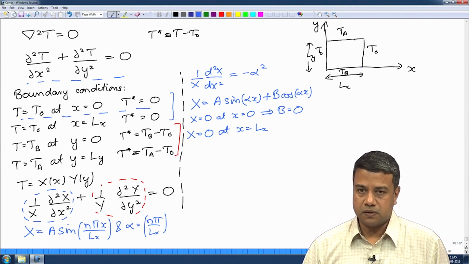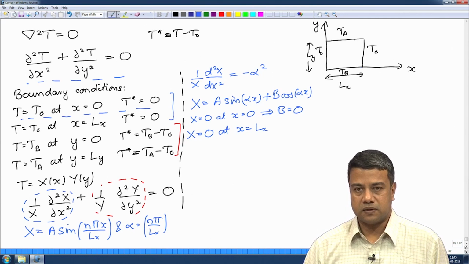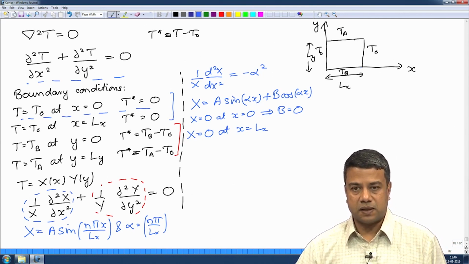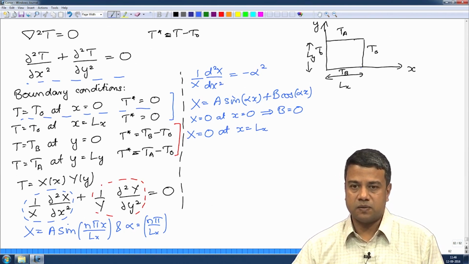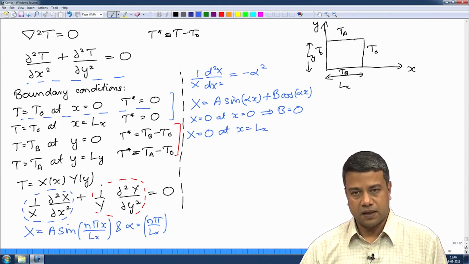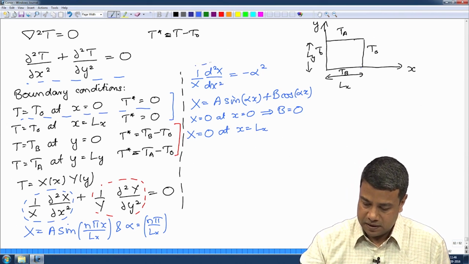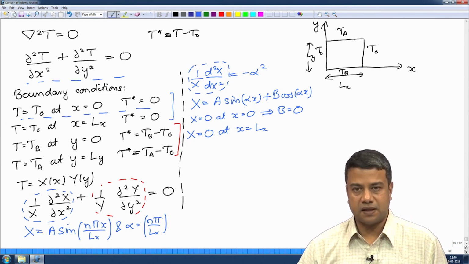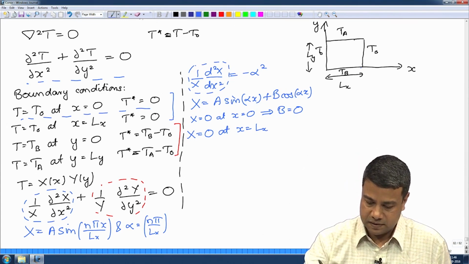As I told you earlier, these eigenfunctions are the natural solutions in a Cartesian coordinate system, the sine functions. They satisfy the boundary conditions of 0 temperature or 0 concentration on two fixed surfaces. So, they are the natural basis set which can be used for expanding these functions. And since the operator, the diffusion operator, is a second derivative, you will always get these sine functions as solutions.